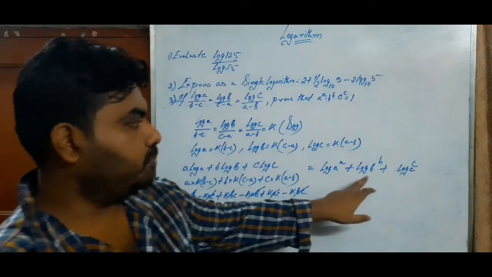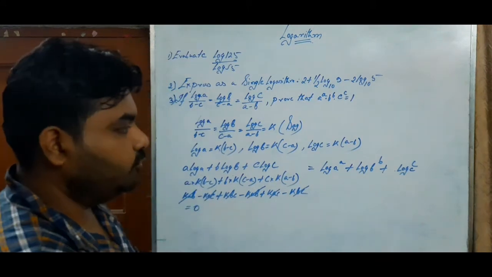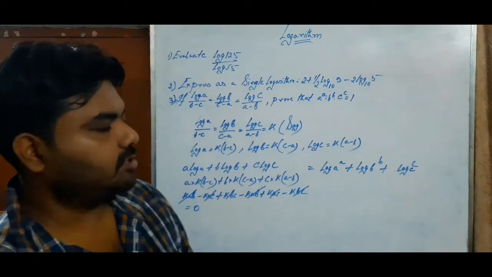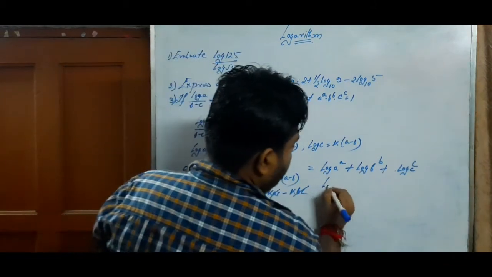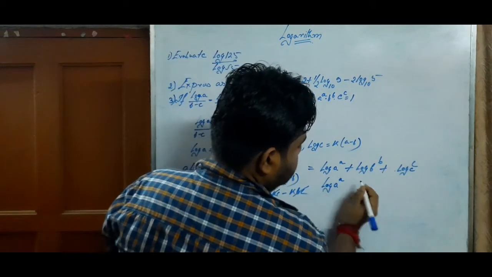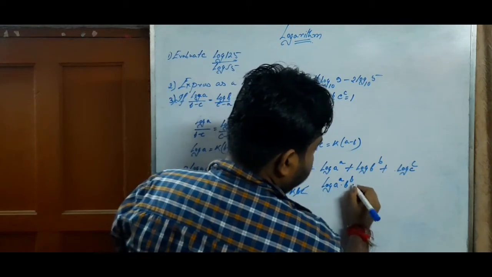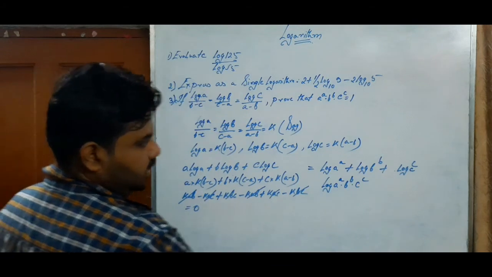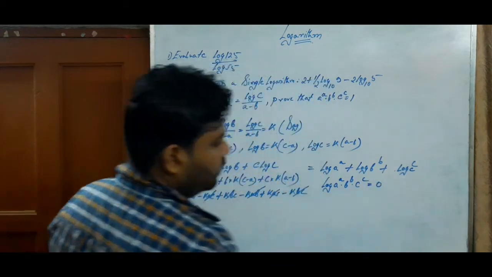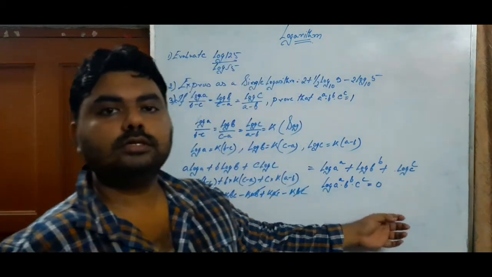Now there is a plus sign in between the logs. We know that log a plus log b will be log ab, therefore we can write log of a to the power a into b to the power b into c to the power c, and the answer is 0. The answer is 0. Okay, 0 means log 1.